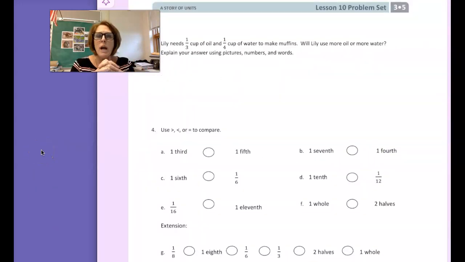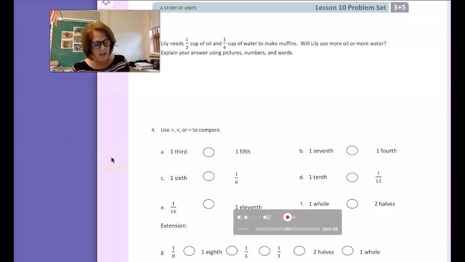All right, let's go on and look at number 3. Lily needs 1/3 cup of oil and 1/4 cup of water to make muffins. Will Lily use more oil or more water? Explain your answer using pictures, numbers, and words. So remember these comparison problems, we can make our own fraction strips. We just have to make sure we start with two rectangles that are the same length.